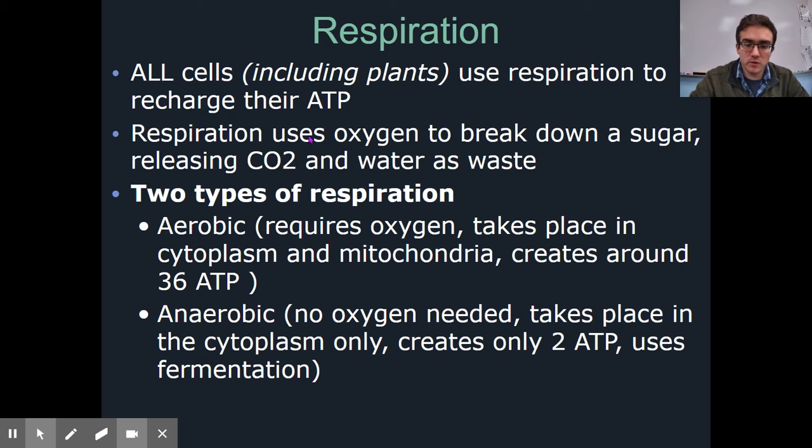And aerobic respiration will create around 36 ATP. Anaerobic respiration is respiration without oxygen present. So it's respiration without oxygen. It takes place in the cytoplasm only and creates only 2 ATP. We usually call this process fermentation. So aerobic respiration and then anaerobic respiration. And we'll talk about each of them separately.